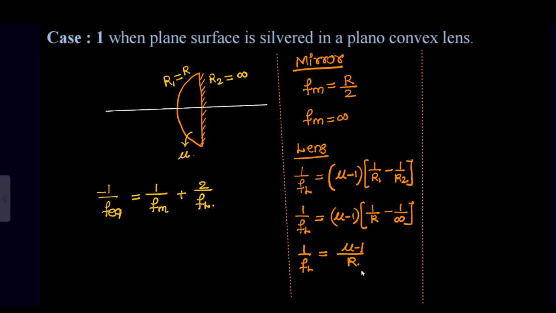Now these two values we substitute in this formula to get the equivalent focal length. That is 1 by F equivalent, which will be equal to 1 by Fm, where Fm is infinity, so 1 by infinity, plus 1 by FL.